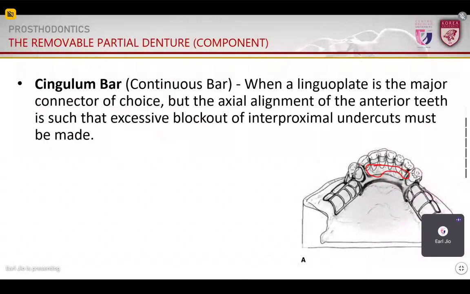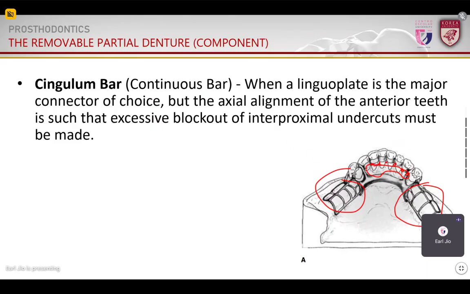This is very good because you gain the advantage of plating all the remaining natural teeth to resist horizontal movement in our bilateral distal free end cases, and at the same time it is also hygienic because at those gingival margin areas the patient can floss and can flush all the food debris within the prosthesis.